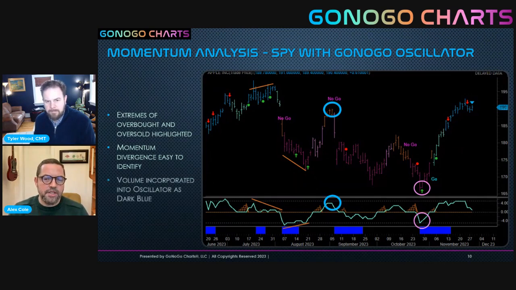And one thing to point out is that we've incorporated volume into this oscillator. When you see the ribbon on MetaStock, that blue ribbon, that tells us that volume is heavier than its average. So we get that sense of volume confirming. We get the value and the information we need from all of the multiple momentum indicators just in the one panel below price.